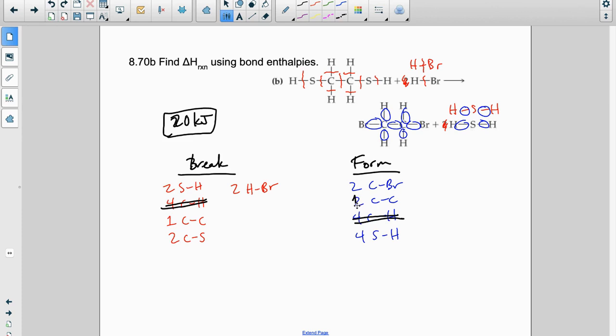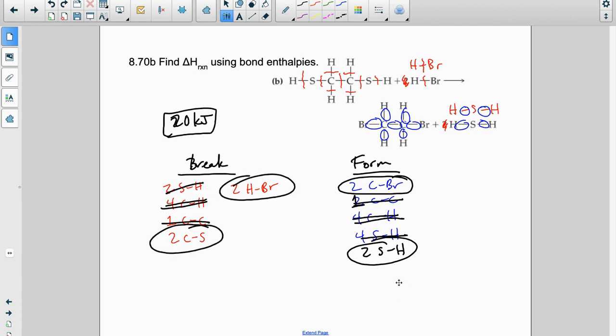Oh, and this should be 1 CC, not 2 CC. This CC is also not changing. Okay. And then if we look here, there's 2 SHs, 4 SHs. So 2 of those are being reformed. So we can have 2 SHs here. So these are the bonds that are broken and formed.